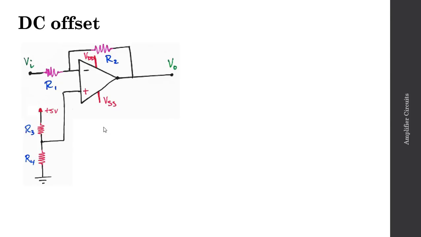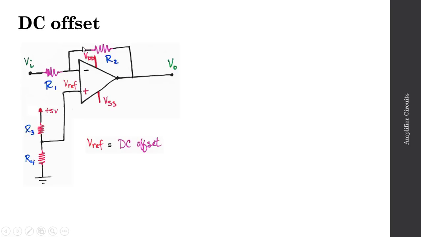So I could accomplish that with something like a voltage divider. And in this voltage divider, we could select R3 and R4 such that this reference voltage input to the non-inverting input of my op-amp is now equal to that DC offset that we were trying to remove. So let's explore this a bit.